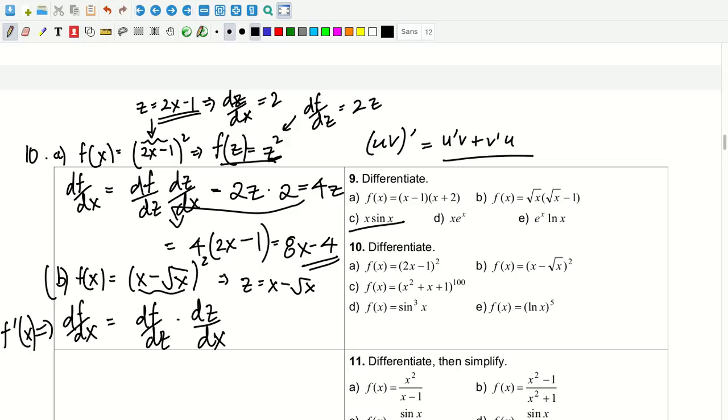Okay, again, this is like z squared, right? So this part is 2z. And then this guy's derivative is going to be 1 minus 1 over 2 root x. But again, z is this guy, so you get x minus root x. Don't forget the 2. Times 1 minus 1 over 2 root x.